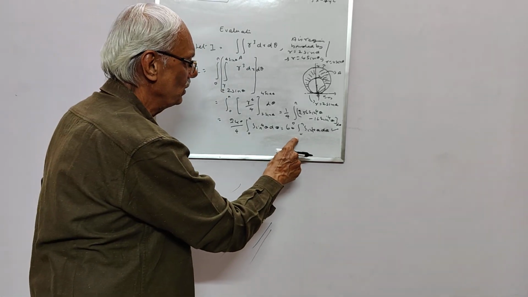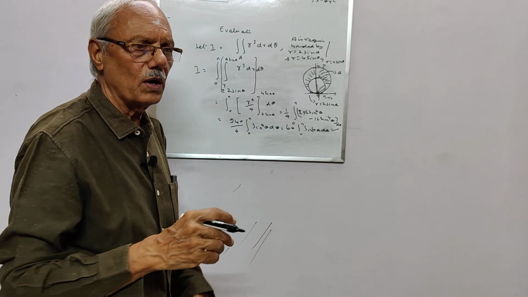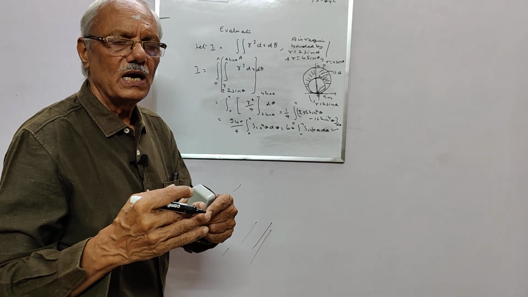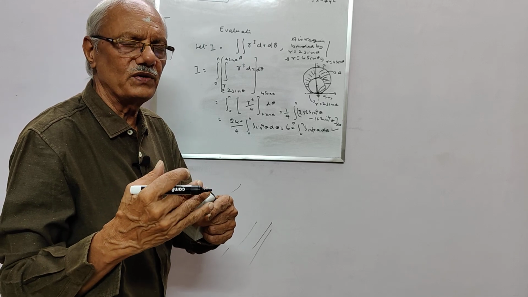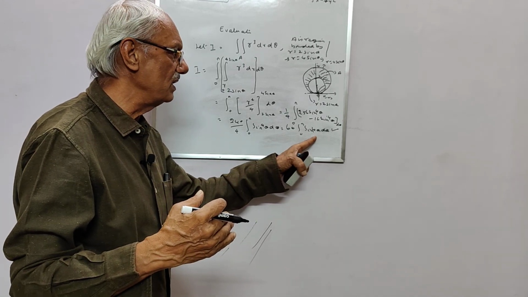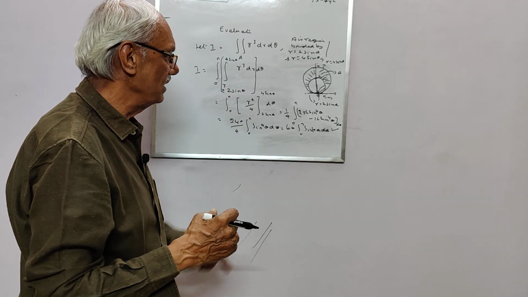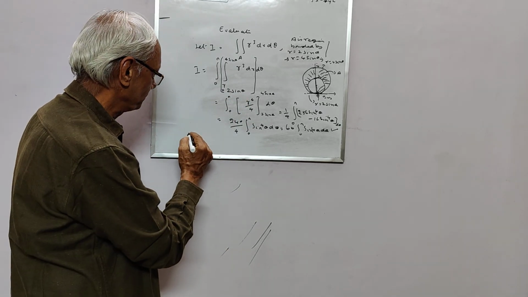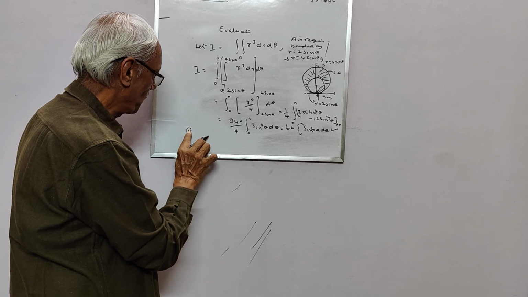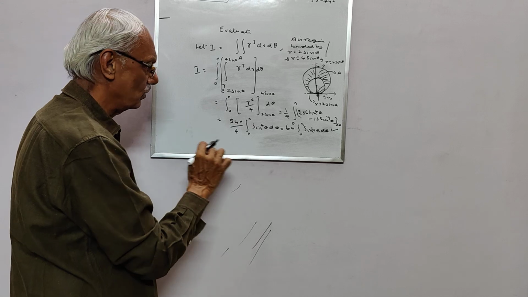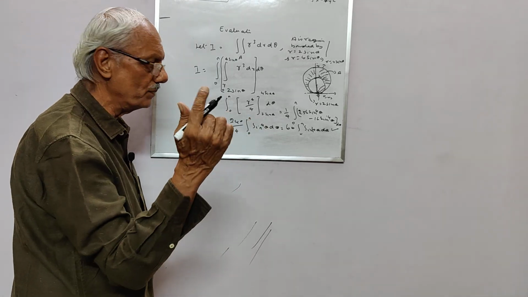Now what I am going to do here is apply the properties of integration in order to evaluate this integral. I will write the property of the integral here. I am going to use only one property.